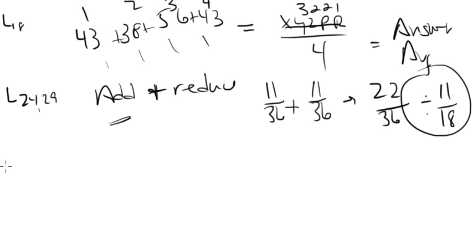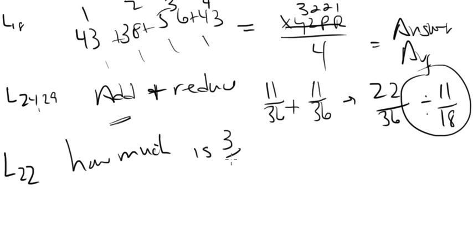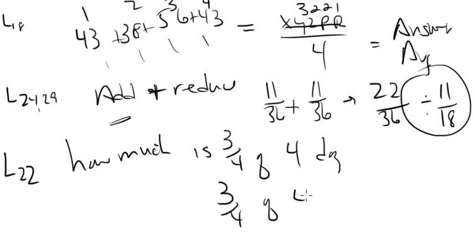Next question, number 8, comes from lesson 22. It wants to know how much is 3/4 of 4 dozen? Well, okay, I'm going to have 3/4 of 4 dozen, which is 12 times 4, which is 48.